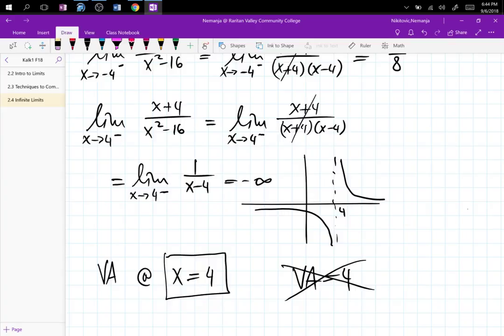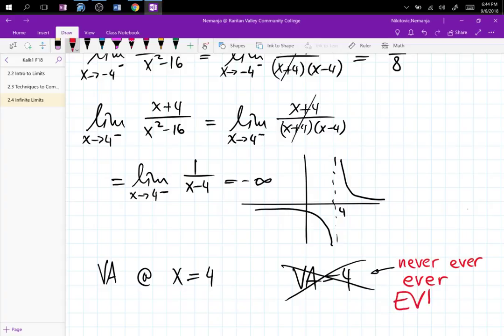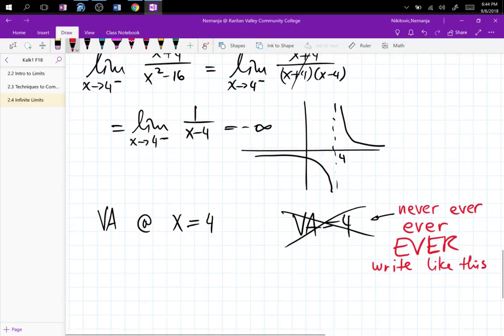So make sure that you do not write this here. Never, ever write like this. Ever.